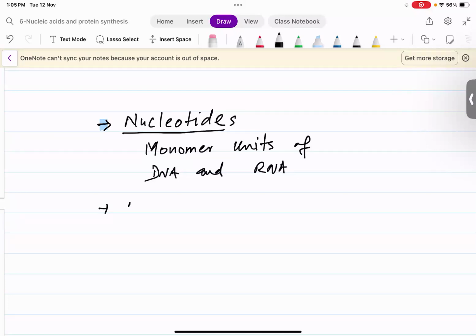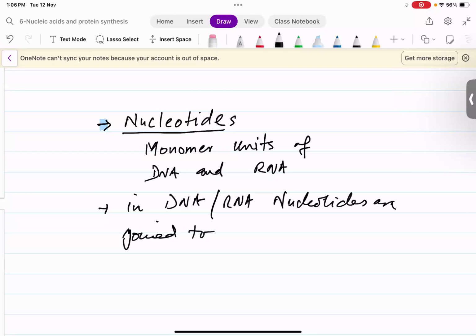And in DNA or RNA, nucleotides are joined together by condensation.